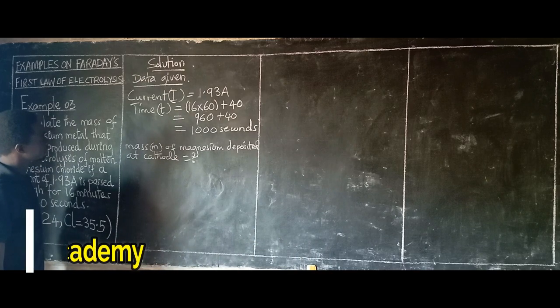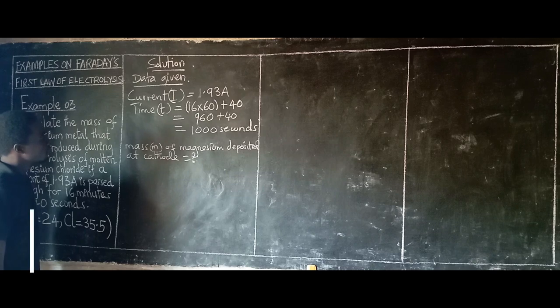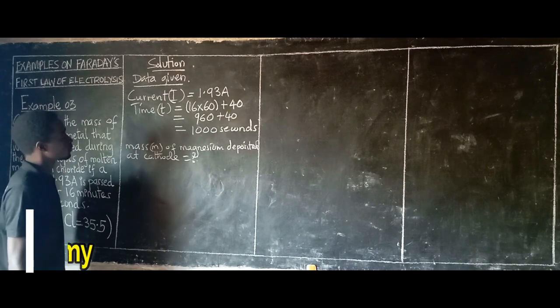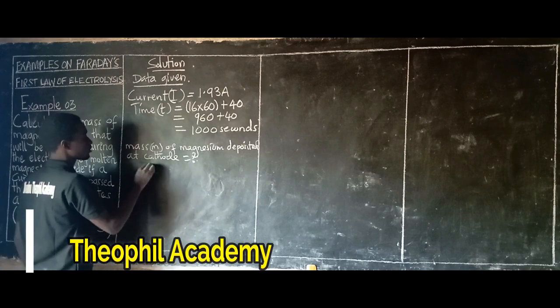Now, to calculate this by using directly the data given, let us use the balanced chemical equation, which shows the reduction of magnesium ion into magnesium metal. Now, there is this reaction at cathode.